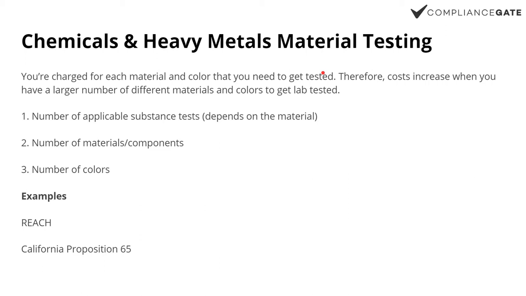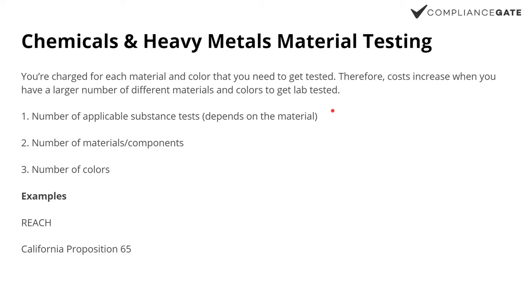First, we have chemicals and heavy metals testing, and this is also known as substance testing. So when it comes to substance testing, that could be according to REACH, CA Prop 65, CPSIA, and so on. You're charged based on the number of substance tests that may apply, and that in turn depends on the materials.